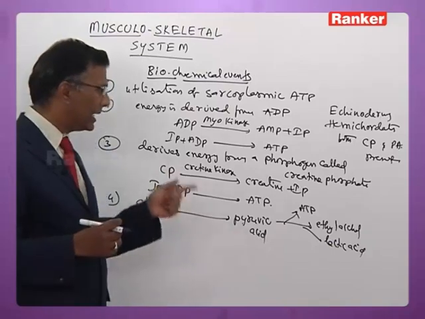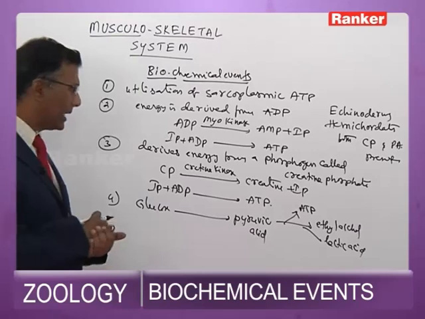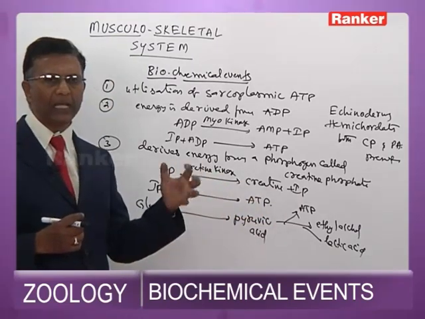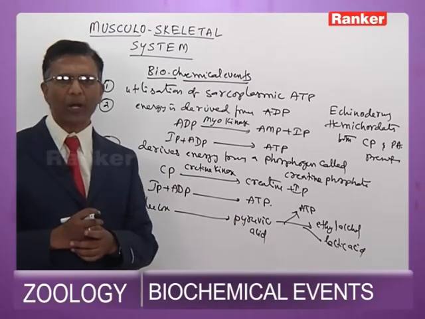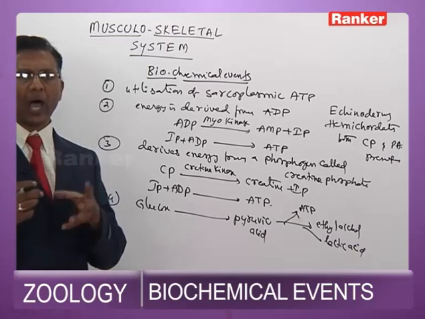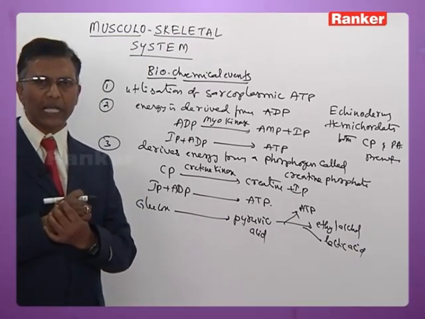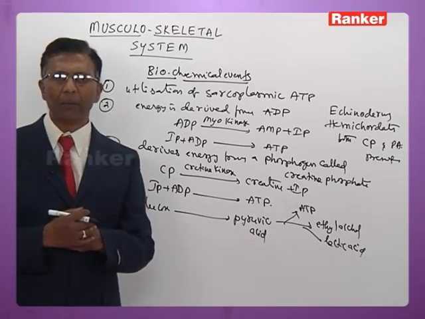Now this ATP enables the muscle to contract for a certain period of time. When the entire pyruvic acid is converted into lactic acid, even ATP is completely exhausted. Muscle now stops responding to the external stimulus. That non-responsive phase of the muscle due to exhaustion of all the energy resources is known as muscular fatigue. What is that known as? Muscular fatigue.